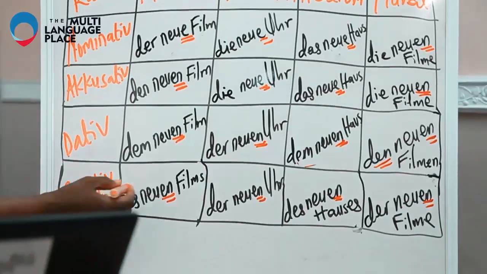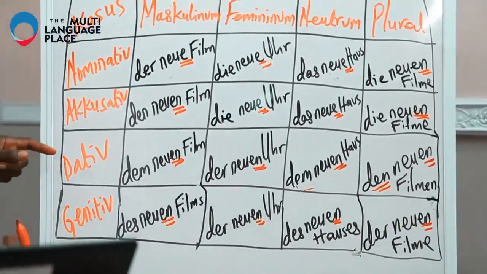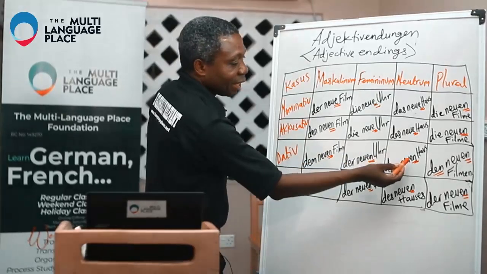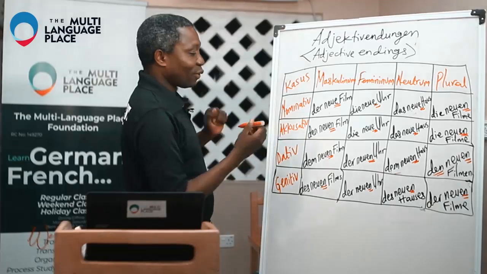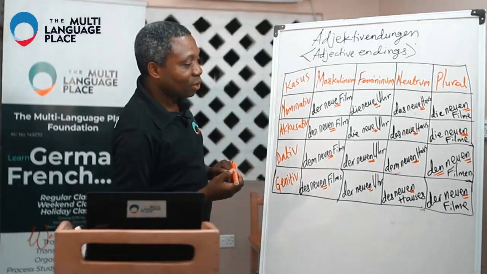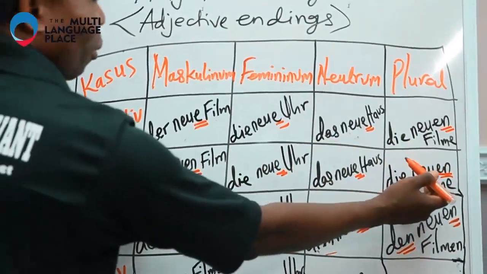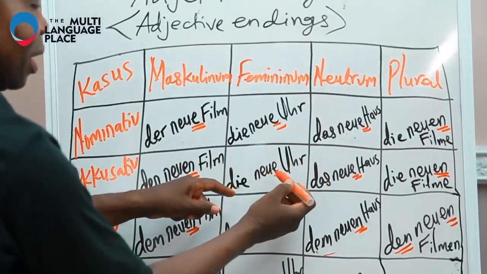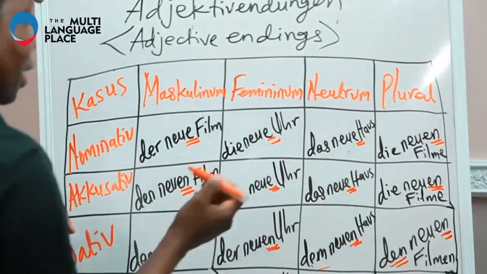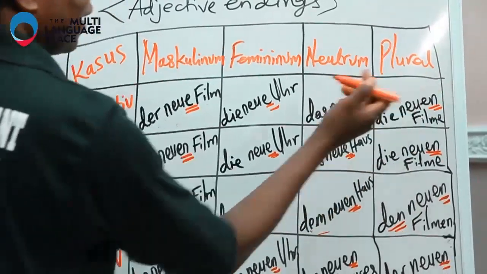In the case of genitive, it's always en, en, en, en. In the case of dative, en, en, en, en. Very easy. And then in the case of accusative, you see that for masculine it is en and for plural en. For feminine and neuter it is only e. And then for nominative, you see e, and en for the plural.